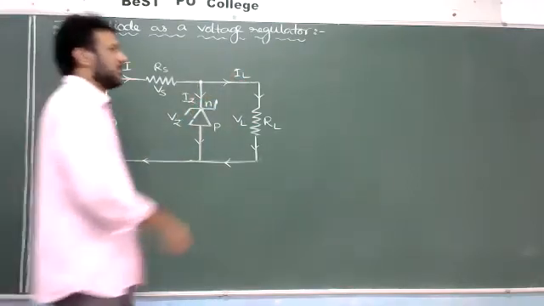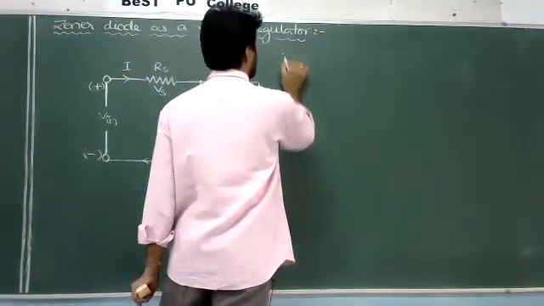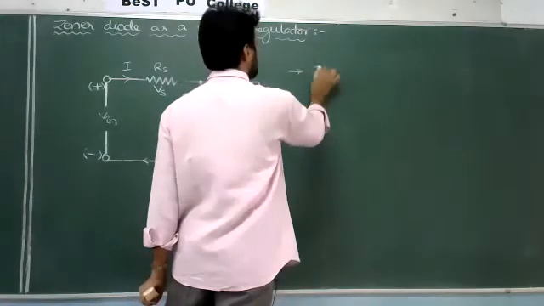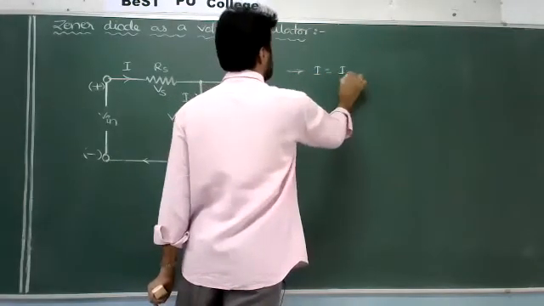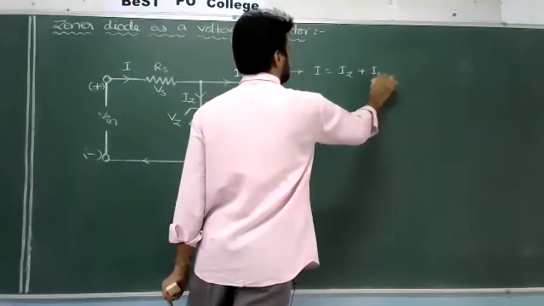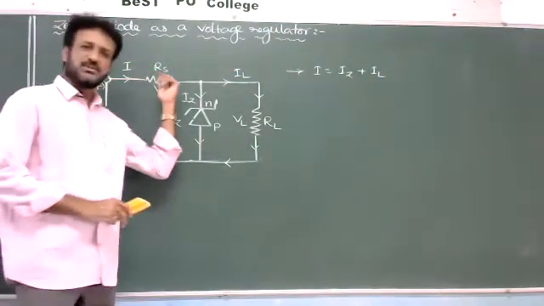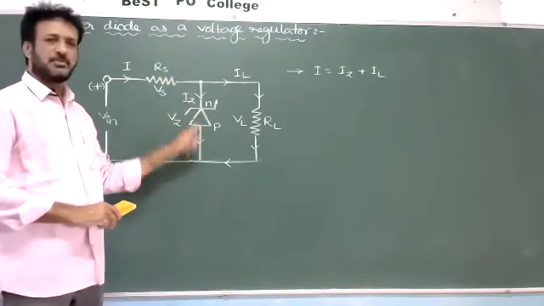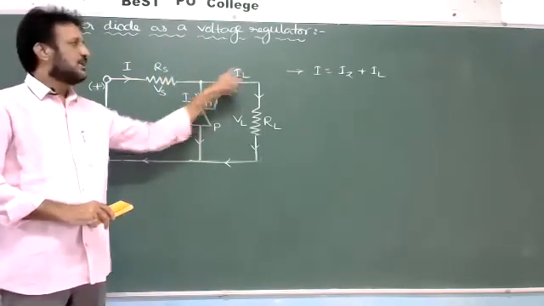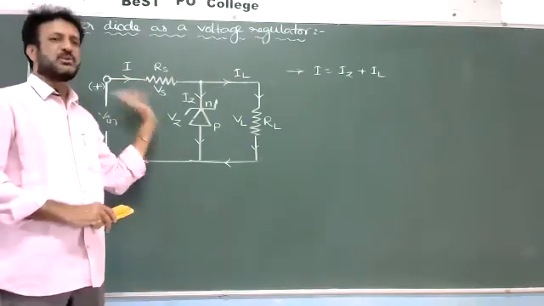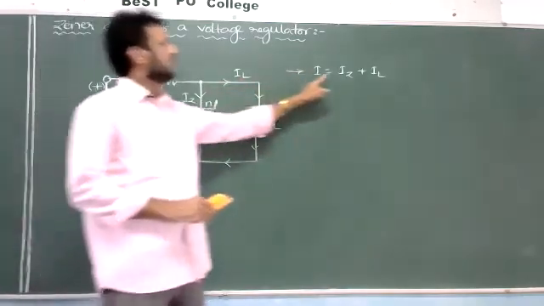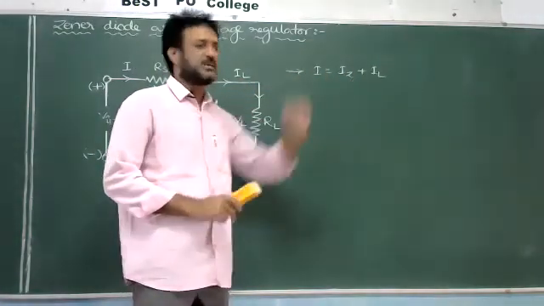If you add both, the total current flowing through the circuit I is equal to IZ plus IL. Is it correct or not? The total current in the circuit is I, but it divides into two parts, IZ and IL, and if you add both, we again get the total current. So I is equal to IZ plus IL.